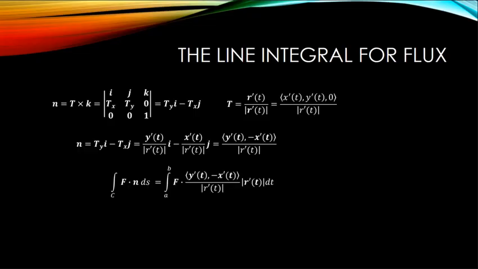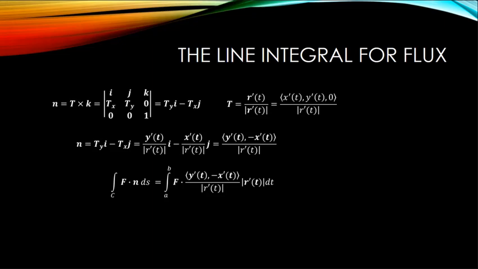This means that my line integral over C of F dotted with n ds becomes the ordinary integral from a to b of F dotted with a vector with components y prime of t and negative x prime of t divided by the magnitude of r prime of t, times the magnitude of r prime of t dt.